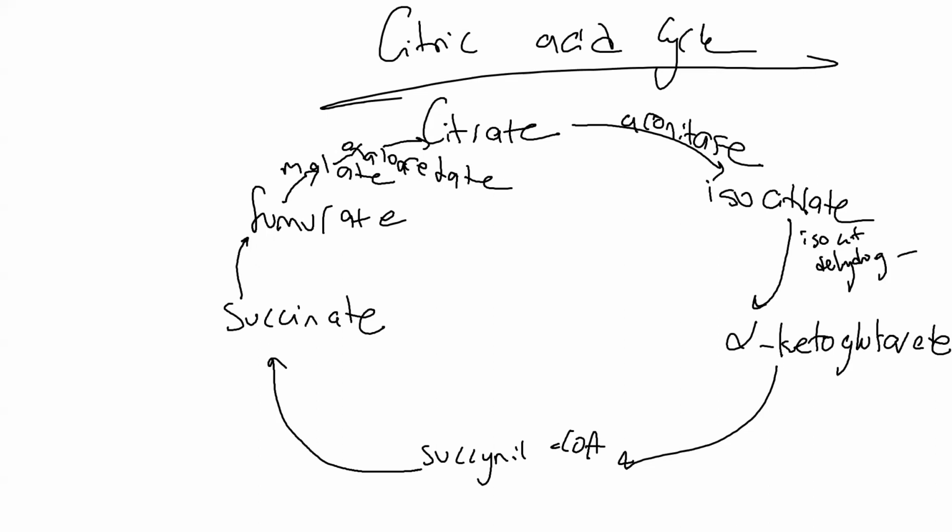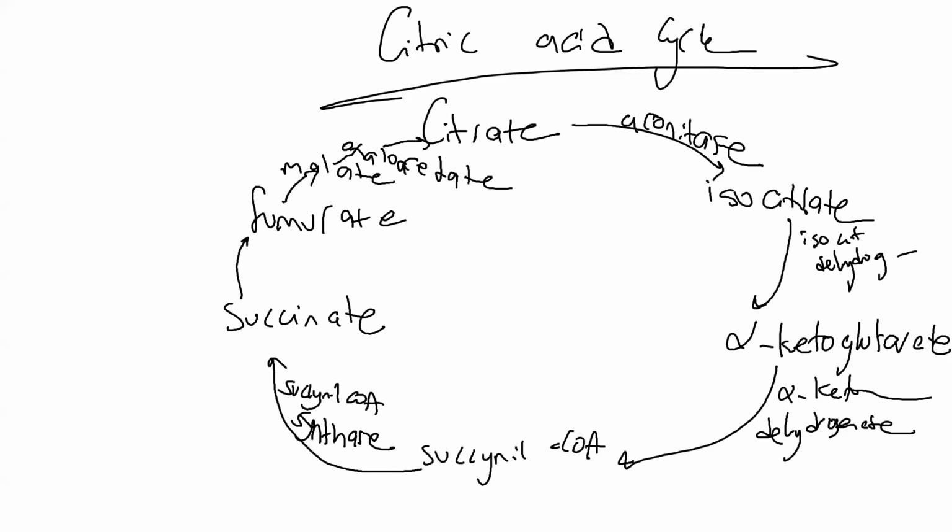From alpha ketoglutarate to succinyl-CoA, we will use alpha ketoglutarate dehydrogenase. From succinyl-CoA to succinate, we're gonna use succinyl-CoA synthase. From succinate to fumarate, we're gonna use succinate dehydrogenase.